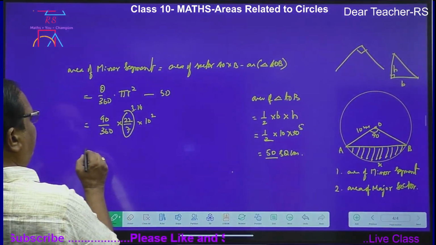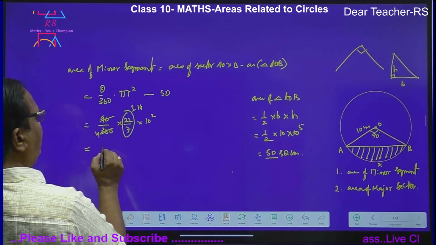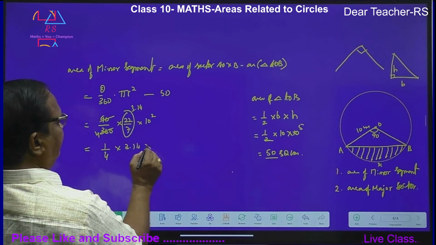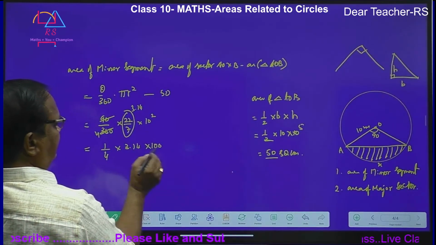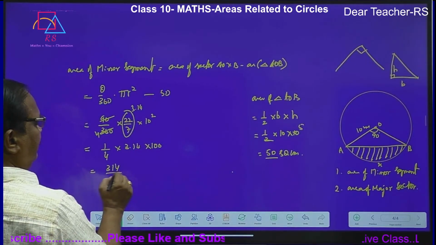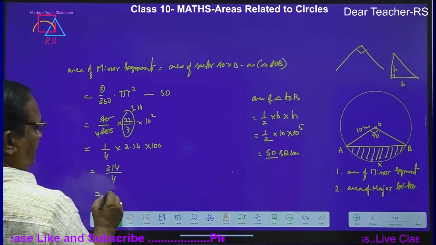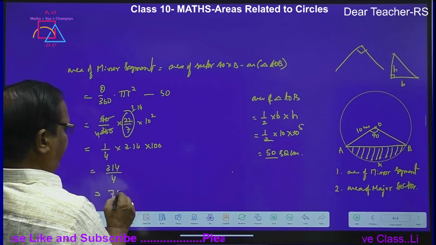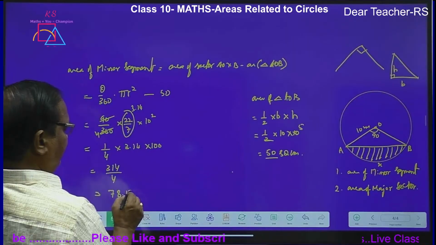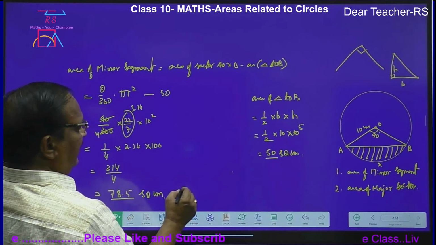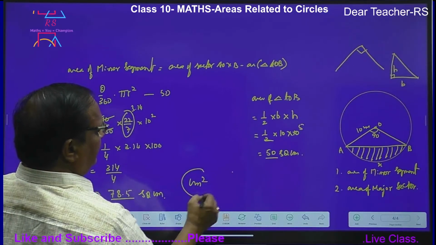So then it will become 1 upon 4 into 3.14 into 100. These two decimal places will go away. 314 by 4. So 7 4s are 28, 34, 8 4s are 32. 78.5 square centimeters, or centimeter square also.